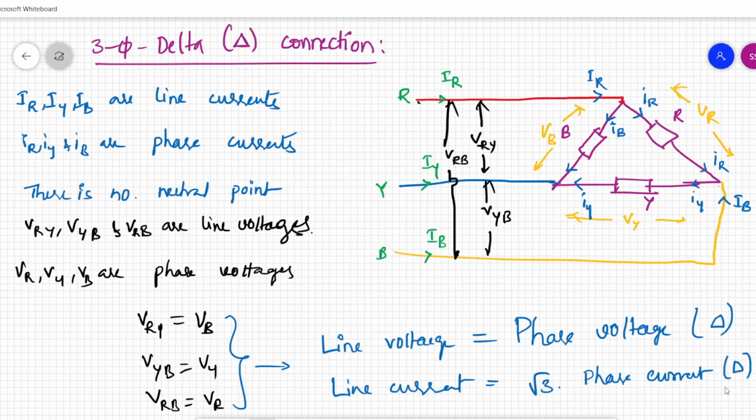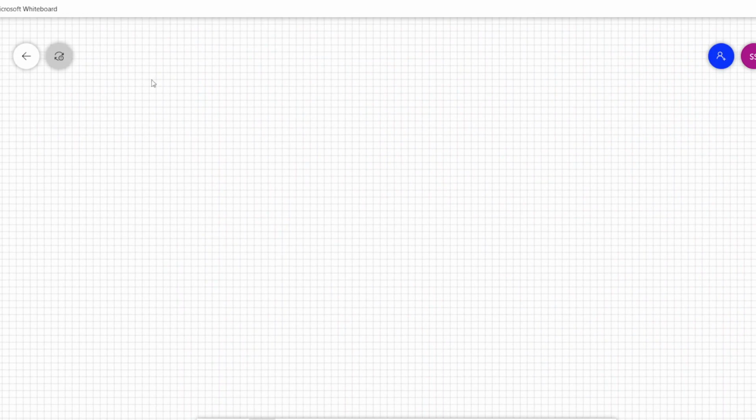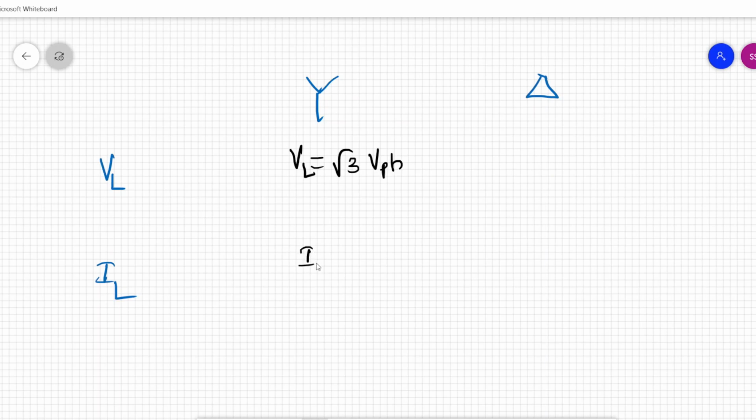Okay, in delta connection. Now let us conclude these two connections, star and delta. What is the behavior of line voltage and line current with respect to phase voltage and phase current? Here, for star, VL is equal to √3 times V phase, but for current, IL is equal to I phase. Currents are the same.